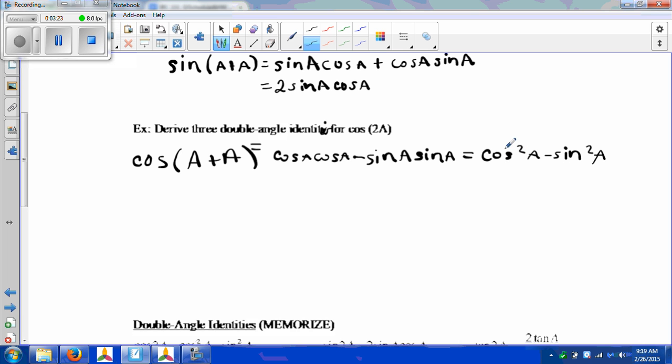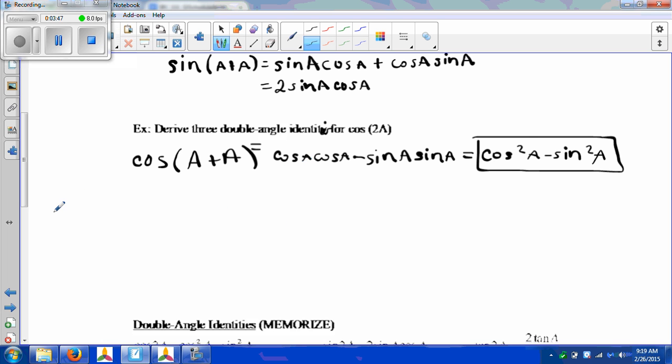Because cosine turns out to be squared, that's why it has 3 of them. This one right here, and then 2 more. The sine one only has 1 because there are no squares in it, and so we're just left with the fundamentals, sine and cosine.